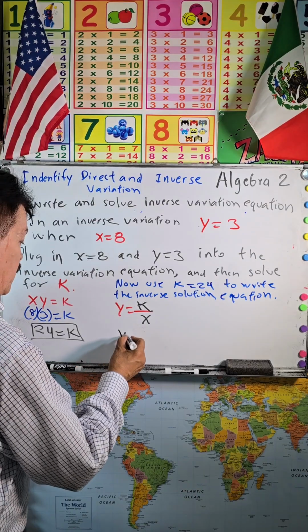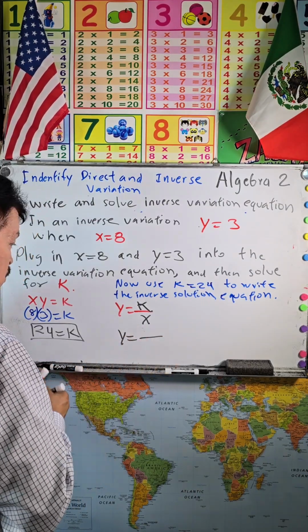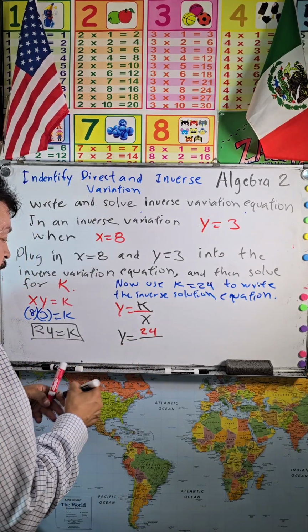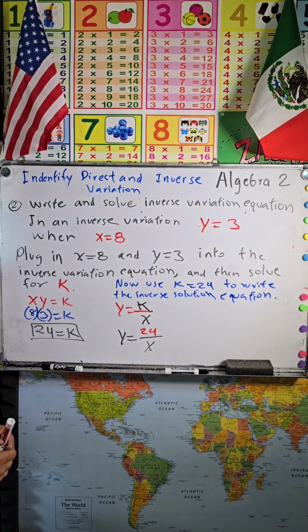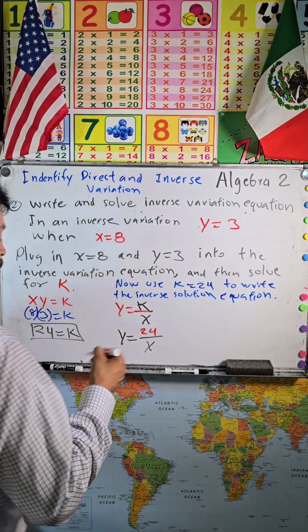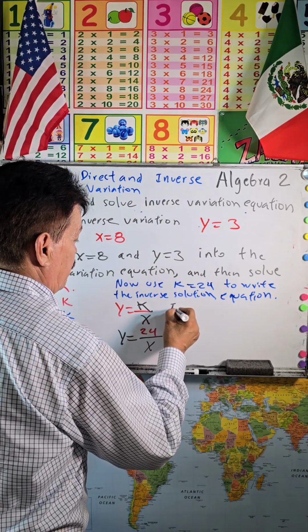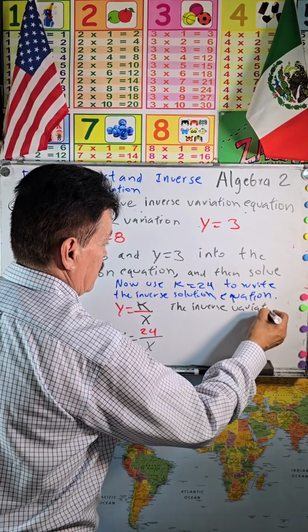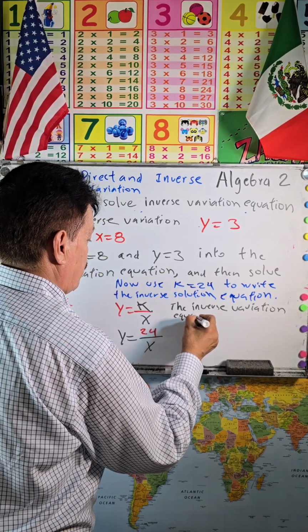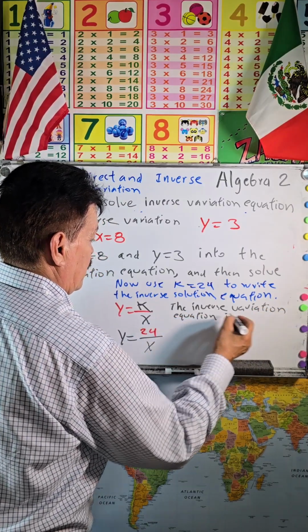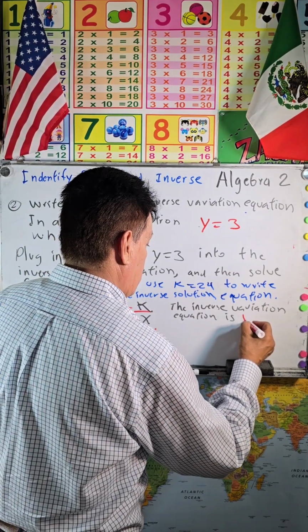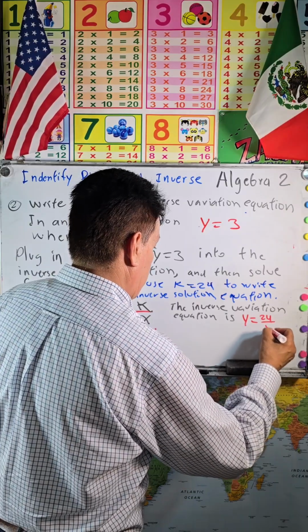If we simplify this, we will have y equals 24 divided by x. So the inverse variation equation is y equals 24 divided by x.